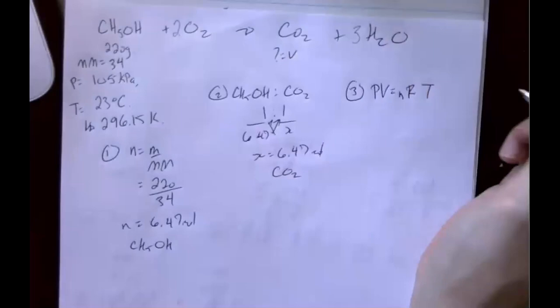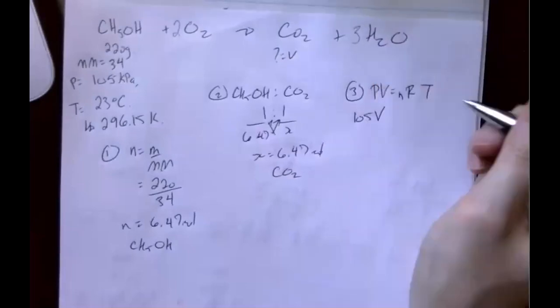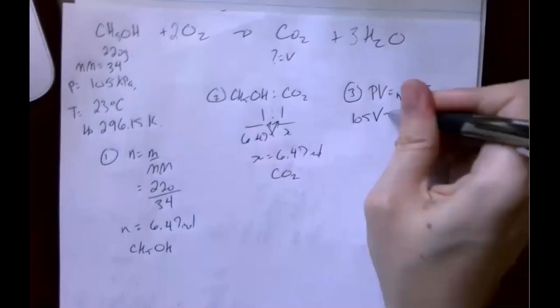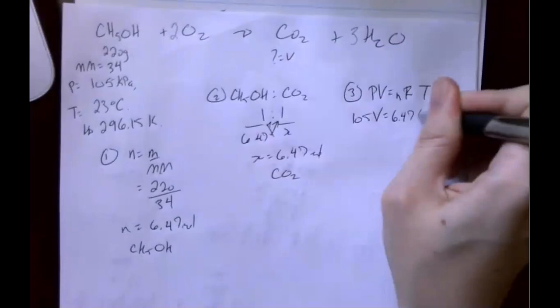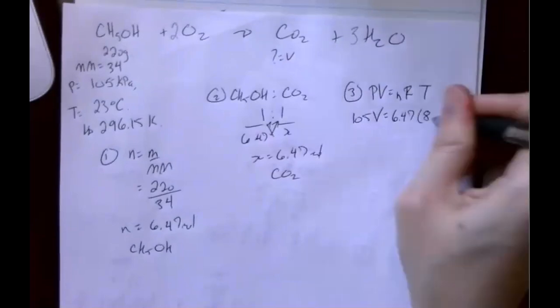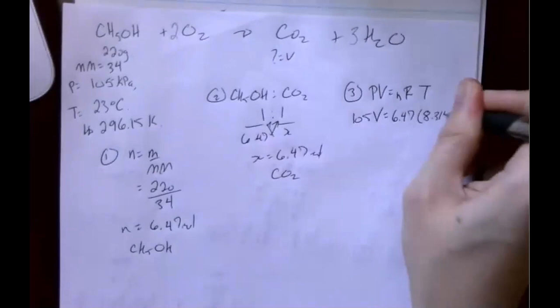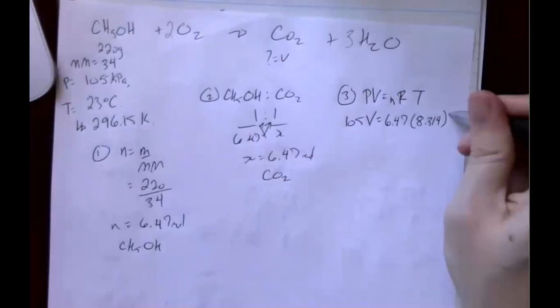So I'll plug in my pressure of 105 times V, which I'm looking for. I'll plug in my moles, which is 6.47. Because my pressure is in kilopascals, 8.314 is going to be my R value, and then my T is 296.15.